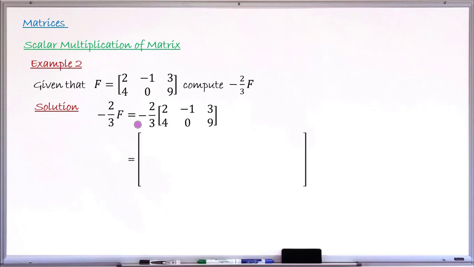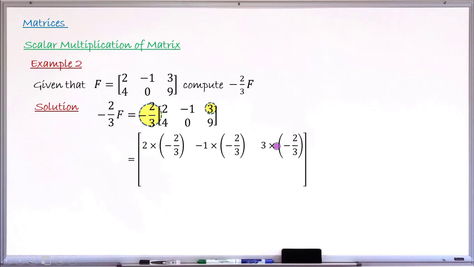So I'll open my large square bracket so that I can do this multiplication inside. I'm going to take minus 2 over 3 times this element 2. Then I'm going to take this element minus 1 multiplied by the scalar minus 2 over 3. Let me write it and take the next one, which is 3 times the scalar minus 2 over 3.